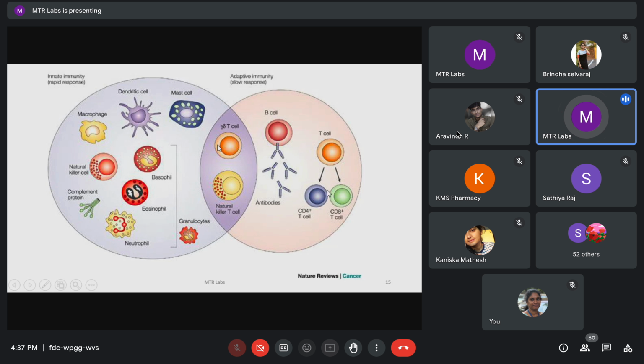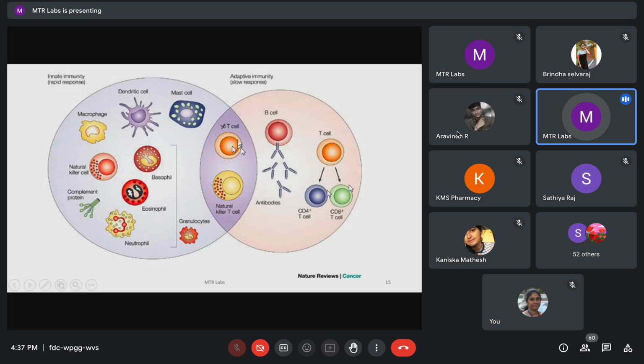So to know a little more about the gamma delta T cell and the natural killer T cell. This gamma delta T cell is a very minor, small subset of T cells. This bridges the innate and adaptive. It is mainly involved in cancer progression because it has anti-tumor cytotoxicity and strong cytokine producing ability.